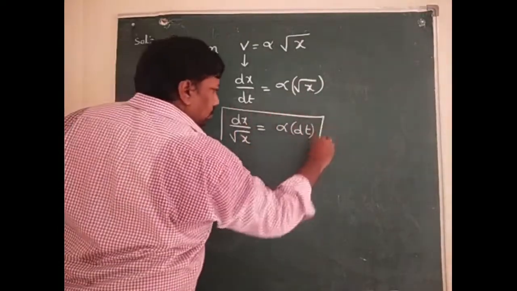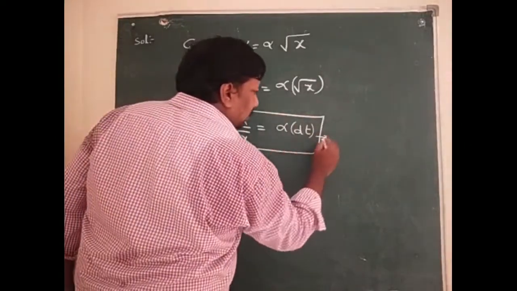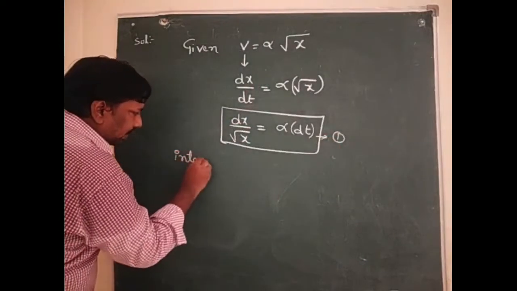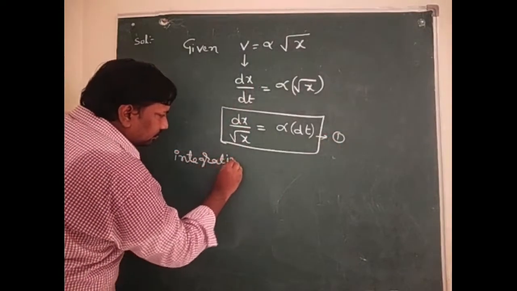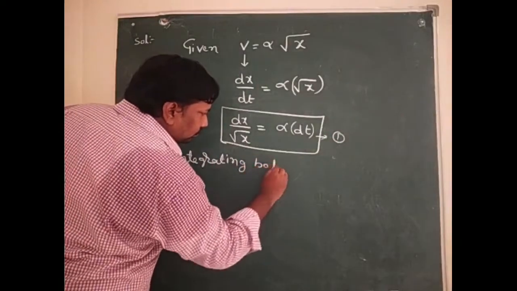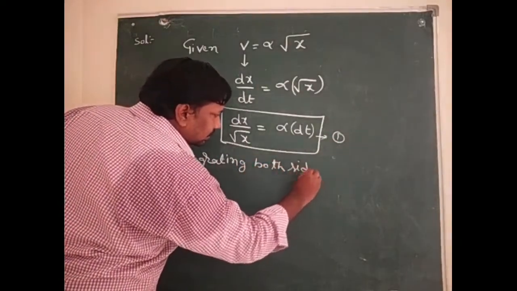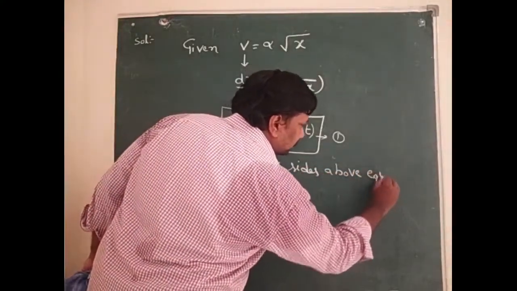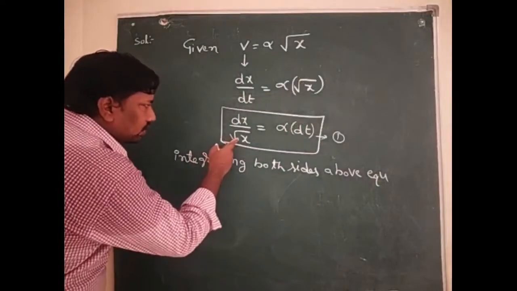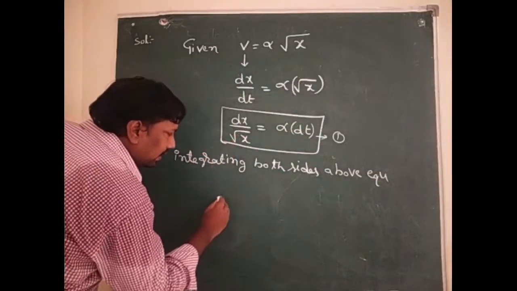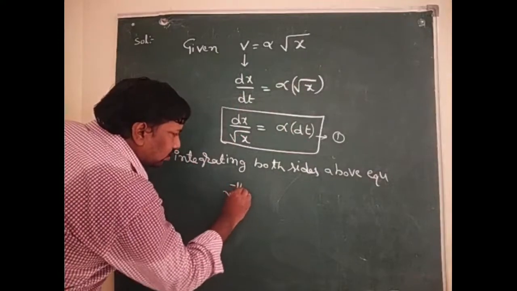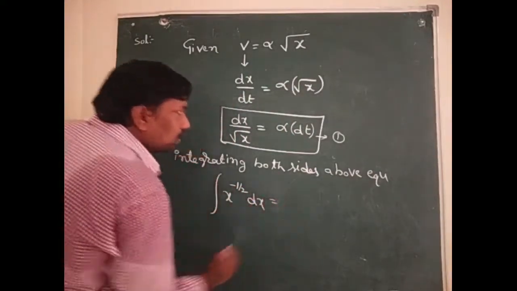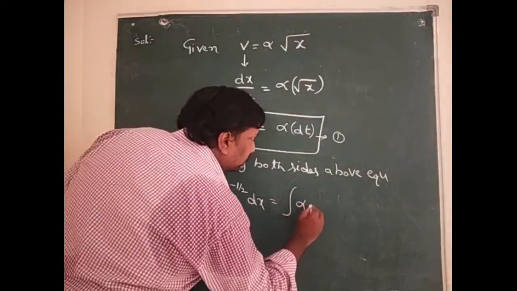Now integrating both sides of the above equation. Here 1 by root x, that means x power minus 1 by 2 into dx, integral is equal to alpha into dt.